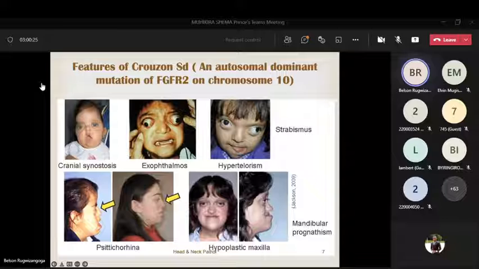There is this, I think it is a problem on the shape of the nose, which is very difficult to appreciate here.